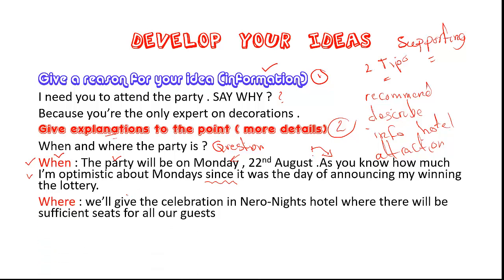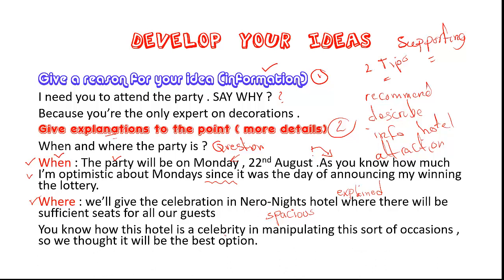Regarding where the party will be, we will give the celebration in Nero Nights Hotel. This is the place, and he explained to us why he chose exactly this place: there will be sufficient seats for all our guests. It means this place is spacious and wide, with enough space for all guests.